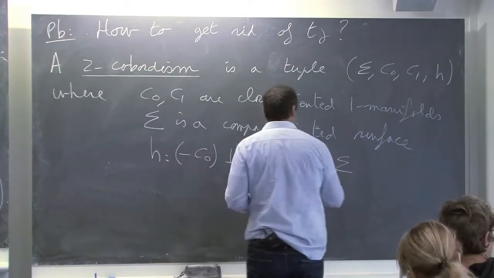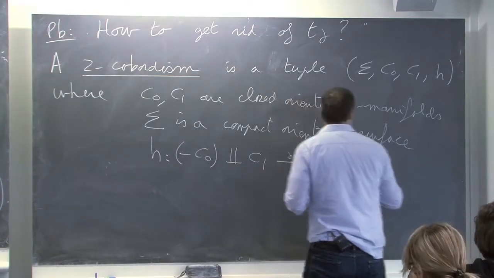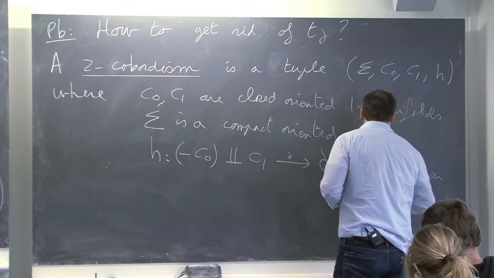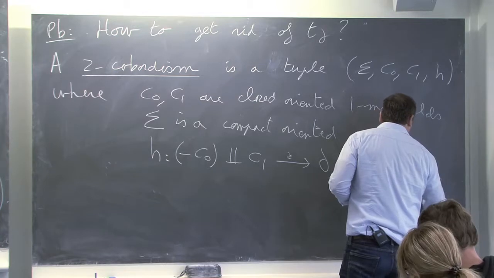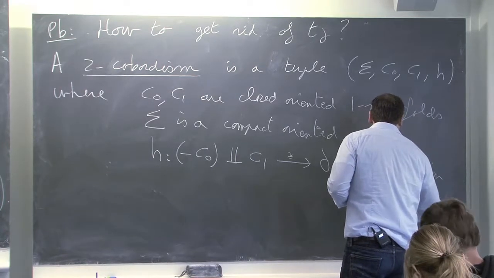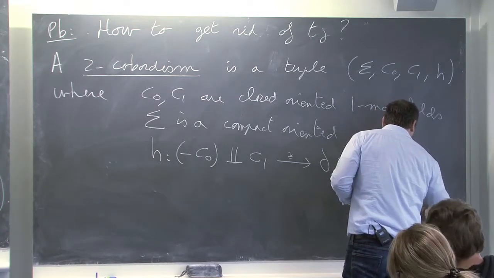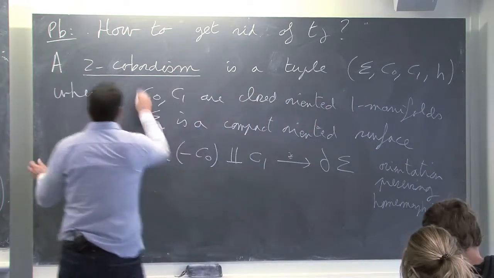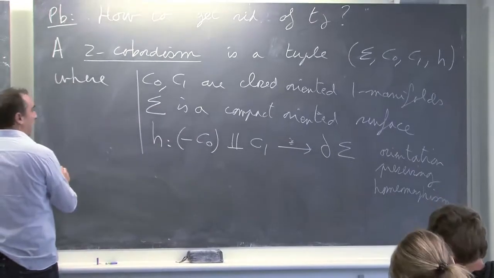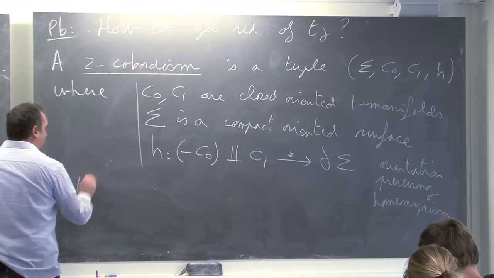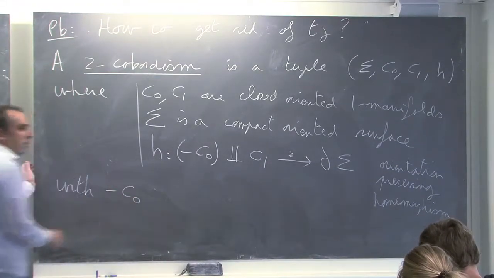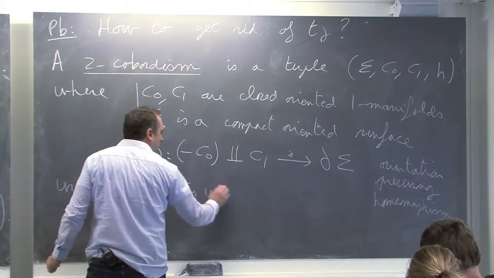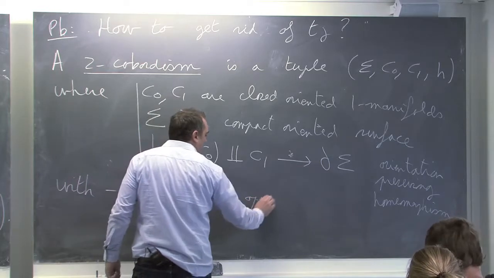We want this to be an orientation preserving homeomorphism. And minus C0 is just C0 with opposite orientation.